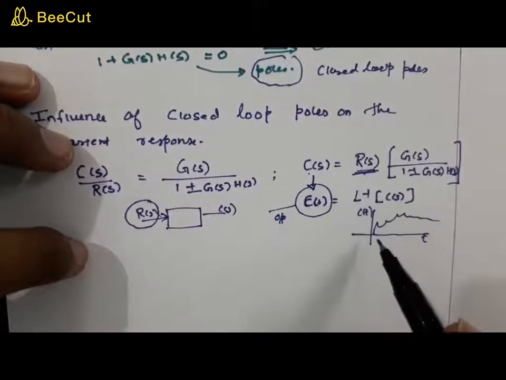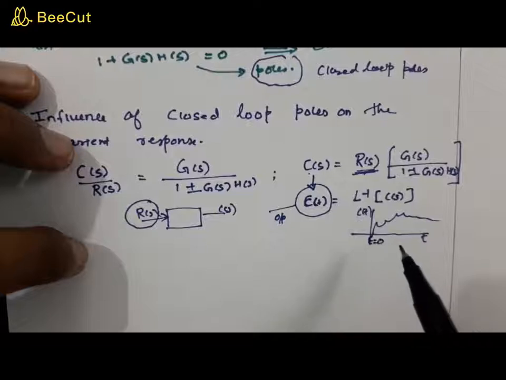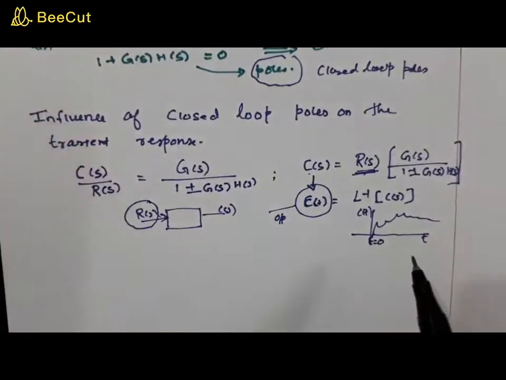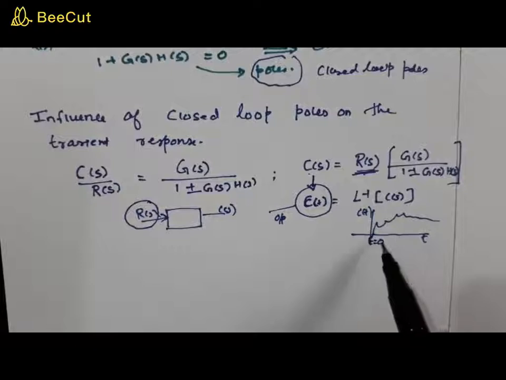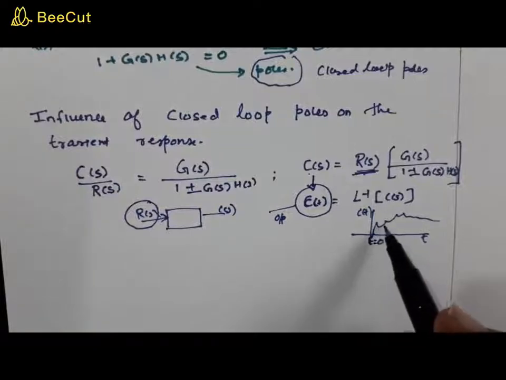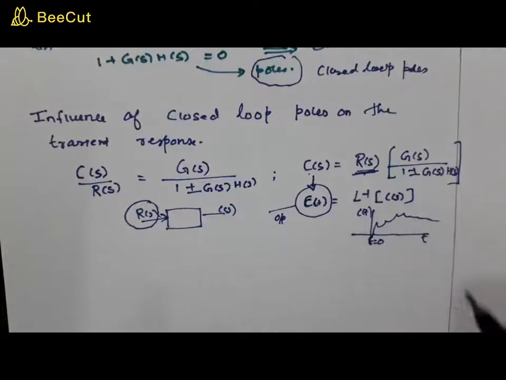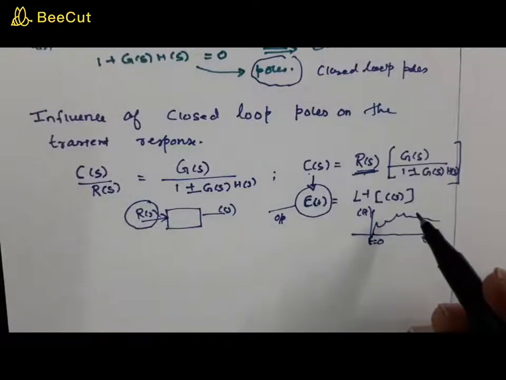Now say initially, from t equal to 0, that is at the application of the input, it starts to respond, right, at t equal to 0, but it won't reach the desired value immediately. That's what we were talking about throughout these sessions, right? So the transition of the system from t equal to 0 to a steady state is what is called the transient response.